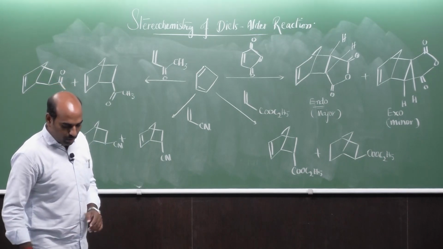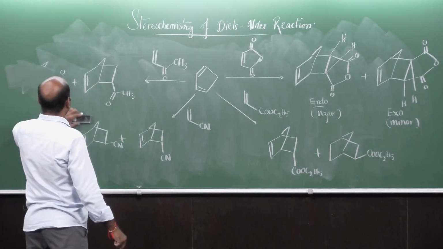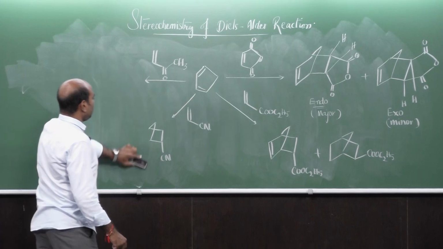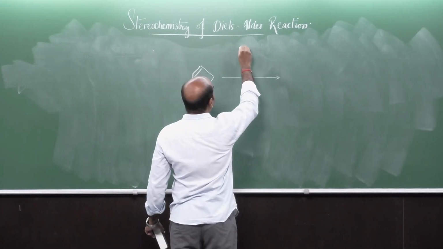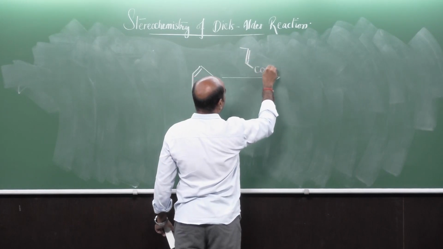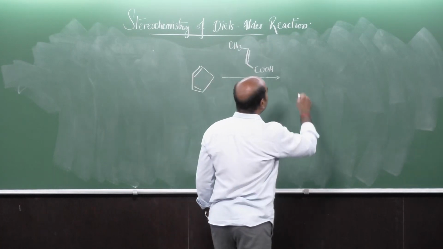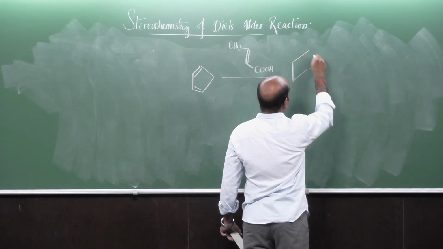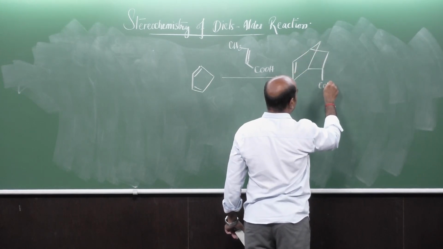So, when you go into the percentage of the products for some examples, take this reaction and this dienophile, right. Always it is possible to see two different isomers.